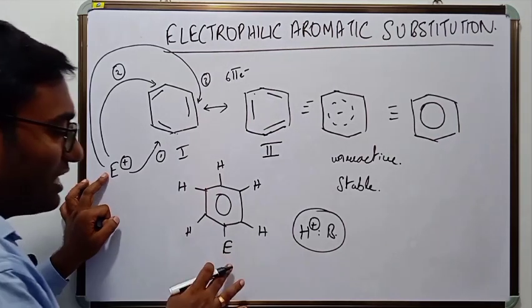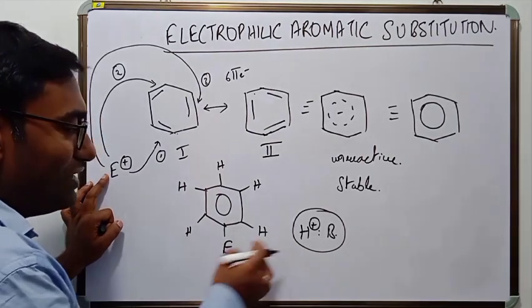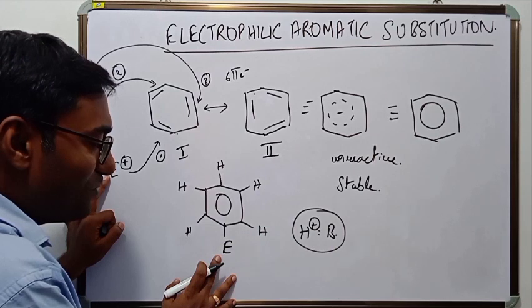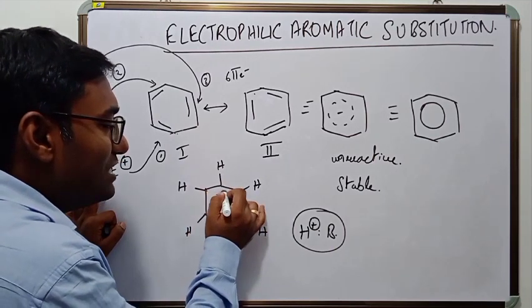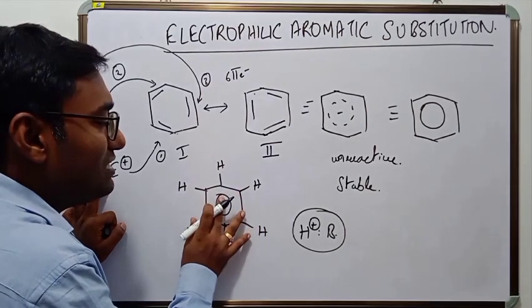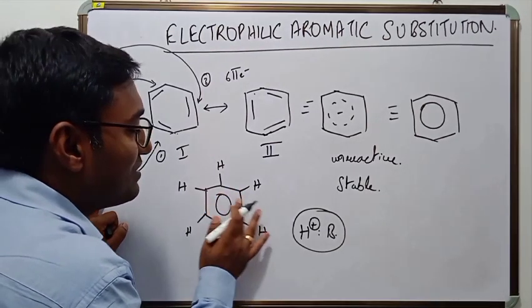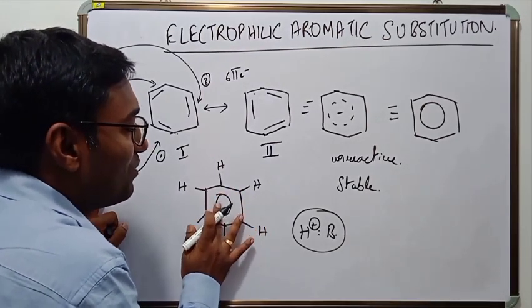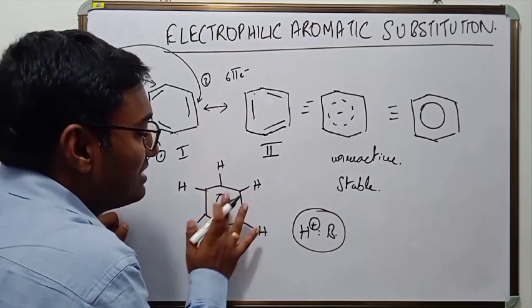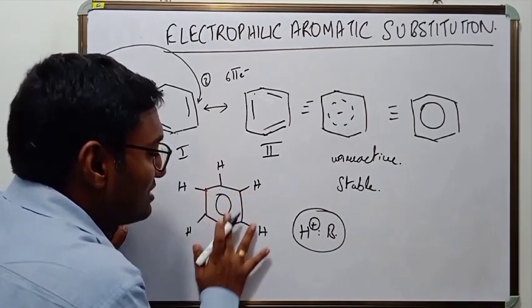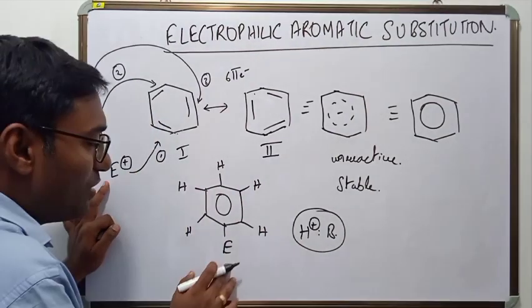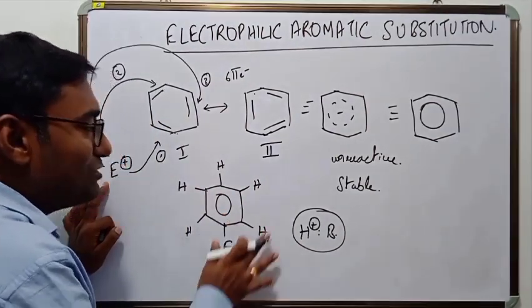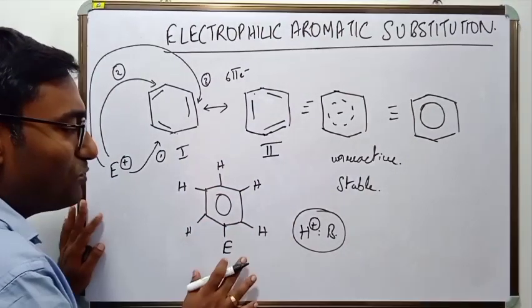The E plus gets its electron pair, and the benzene doesn't lose its 6 pi electrons. The benzene doesn't have to give up its delocalization of electrons, or its resonance stabilization. The resonance stabilization of the benzene ring is maintained, and E plus also gets its electron pair. So overall it's a win-win situation for both of them.